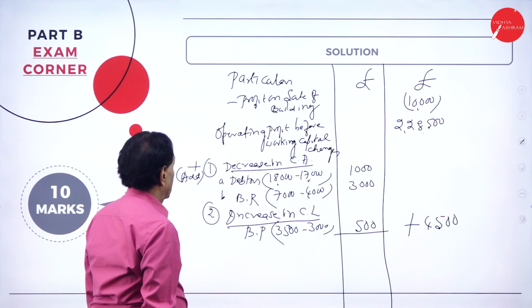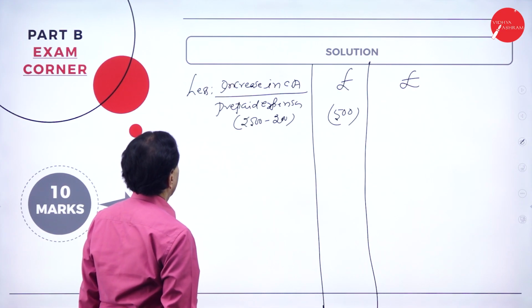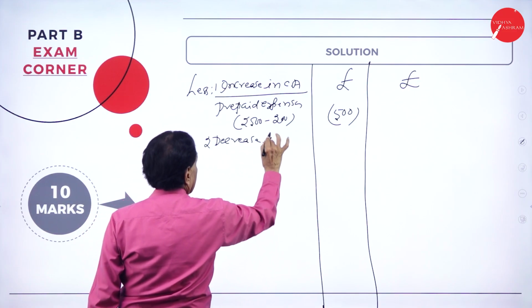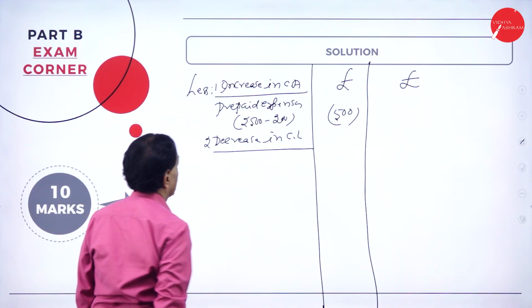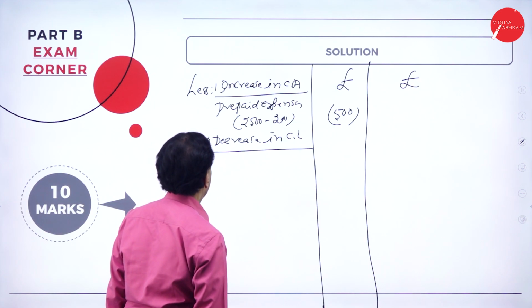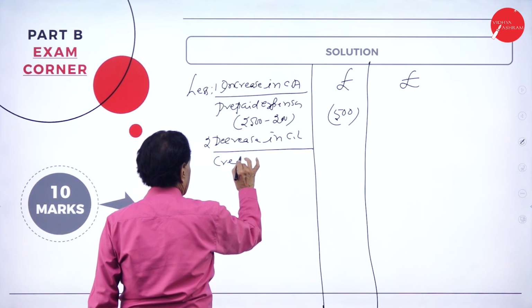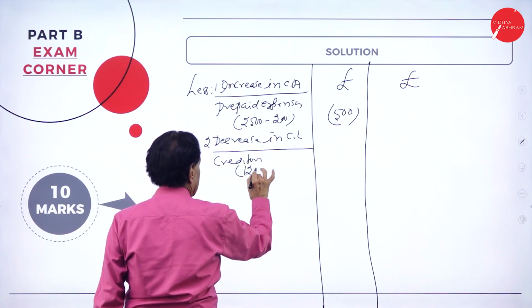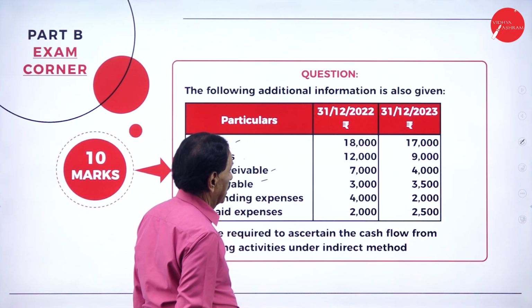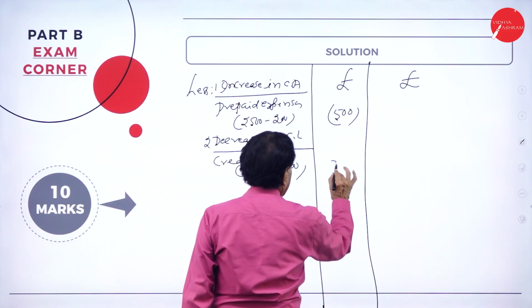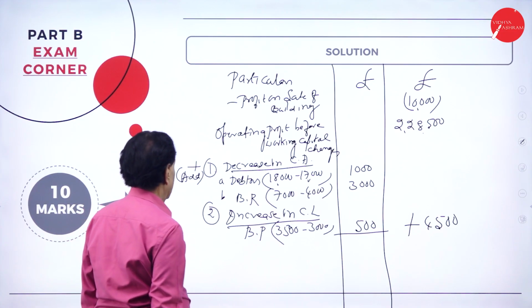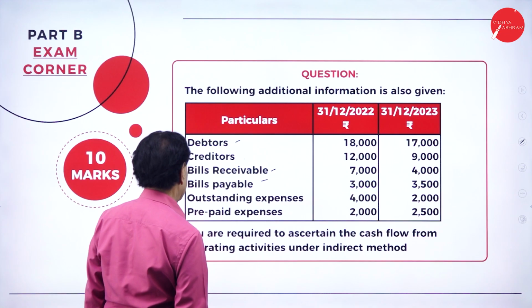Then next one, number 2, decrease in current liabilities, creditors, 12,000 minus 9,000, 3,000. This is 1, 2.